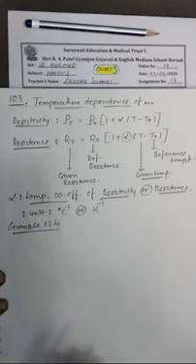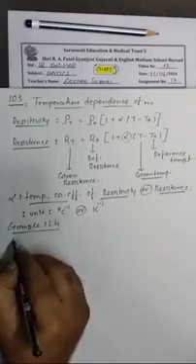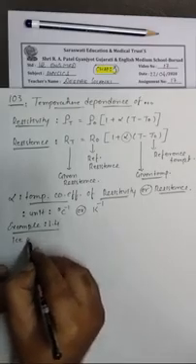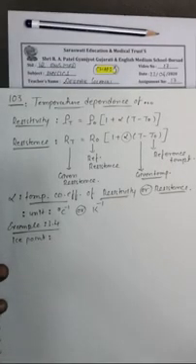Let us see. The resistance of platinum wire of a platinum resistance thermometer at the ice point. See, what is given? Ice point, means water starts to become ice.